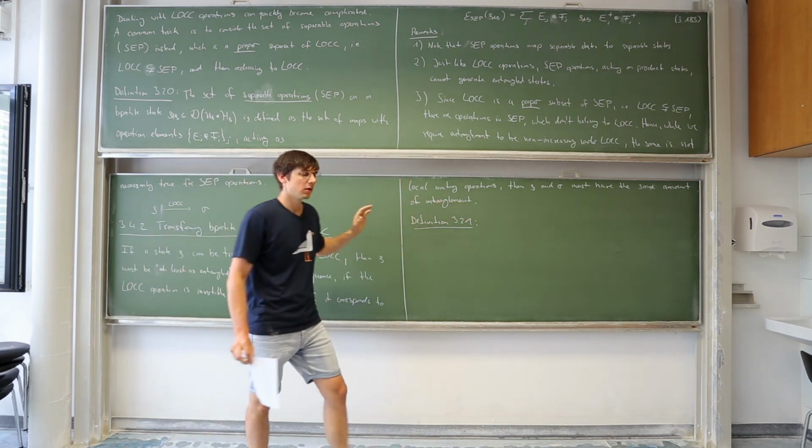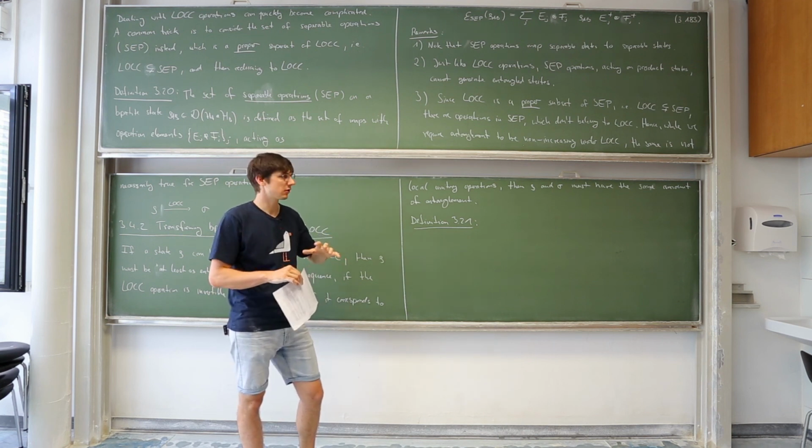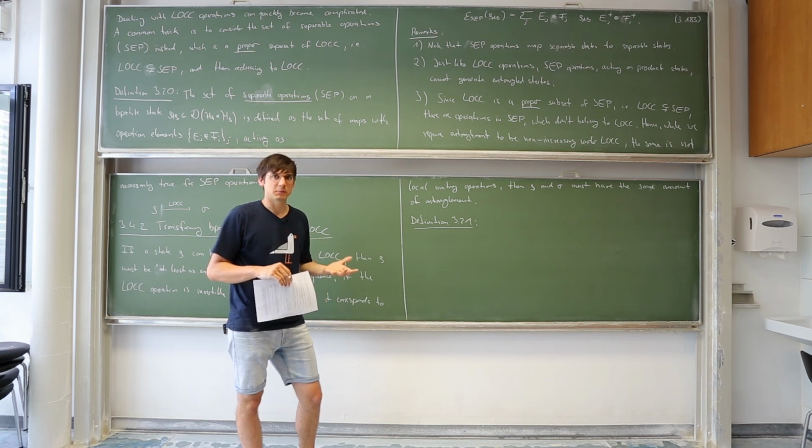Meaning that all states which are connected by these local unitary operations must have the same amount of entanglement. And in order that we can deal with this, we give it a name and we define them as the local unitarily equivalent states.